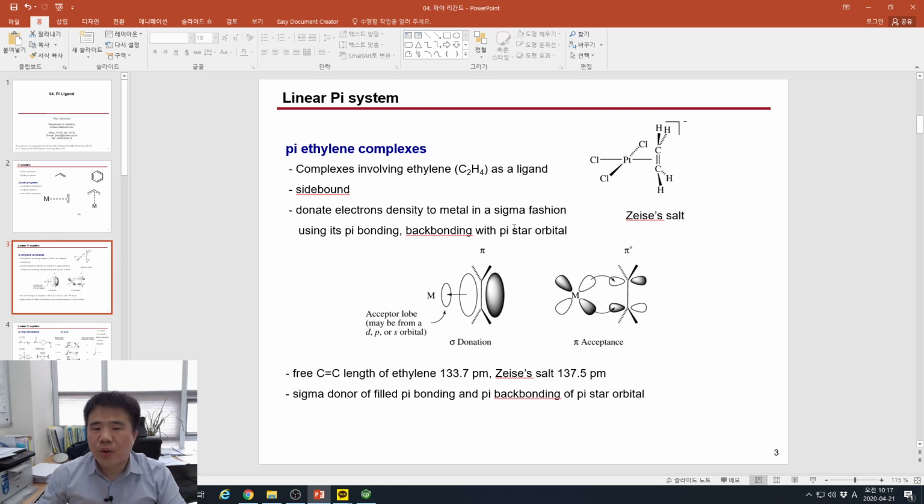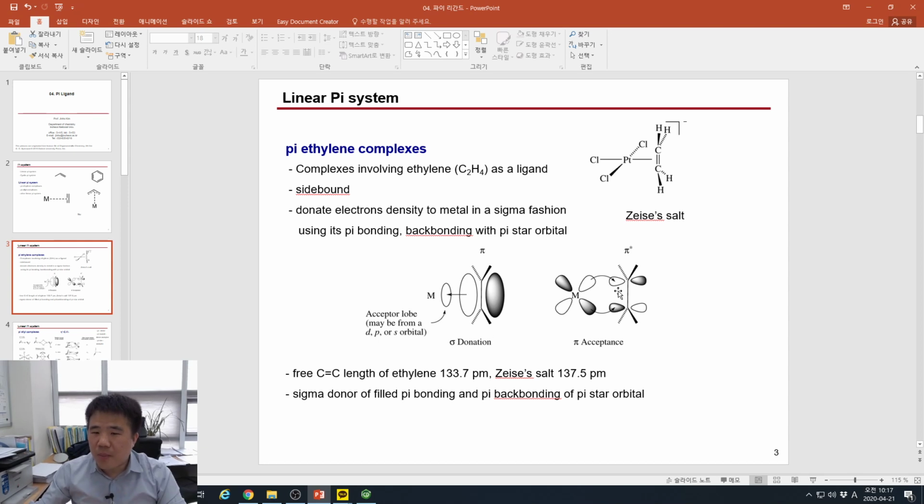If you want to know how the ethylene coordinates to transition metal, this ethylene can give electrons to the transition metal by using its pi orbital. So this pi orbital can give the electron to transition metal, like a sigma donor.